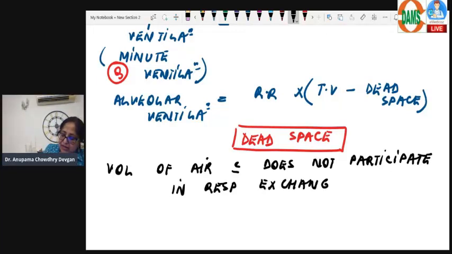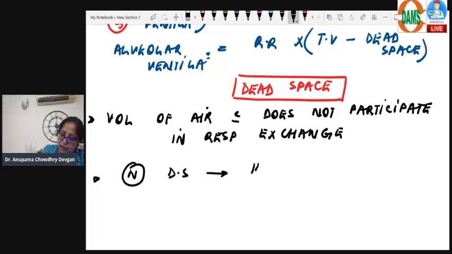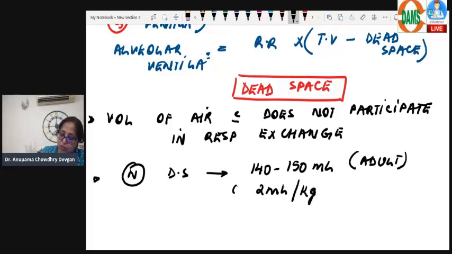And how much is normal dead space? Normal dead space is about 140 to 150 ml in an adult, which is about 2 ml per kg body weight. This is the volume of air present in the trachea and the bronchi, which is not participating in respiratory exchange.